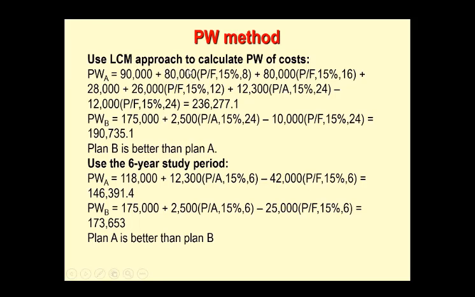So we subtract the 10,000 from the 90,000. We get 80,000. Do you understand? Yes, understand.